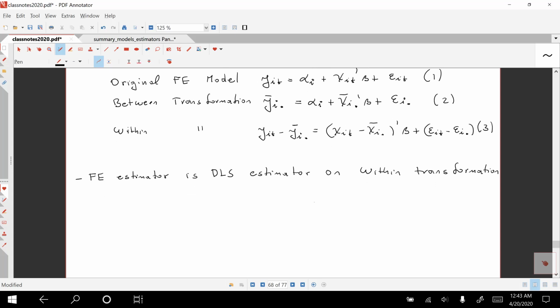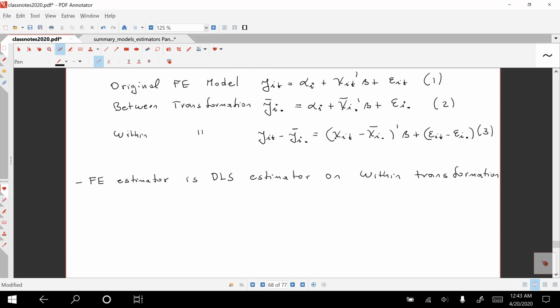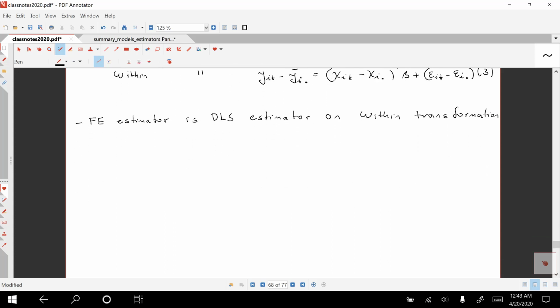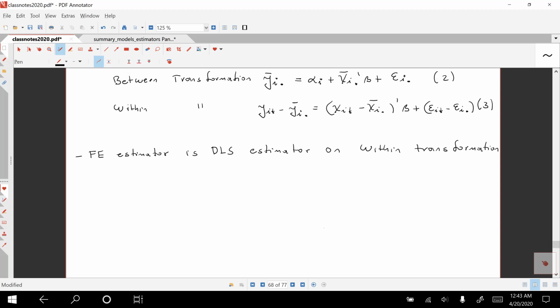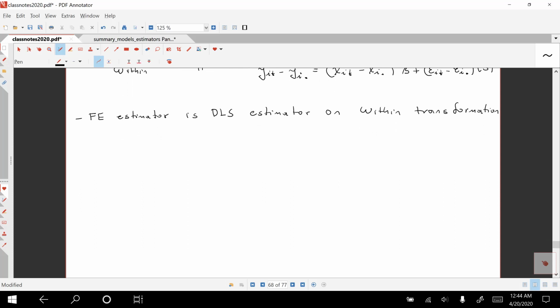Now remember that if we apply this fixed effects estimator, those alphas cannot be estimated as part of the OLS procedure, but they can be recovered. If you are interested in the alpha_i's, they can be recovered using this procedure.